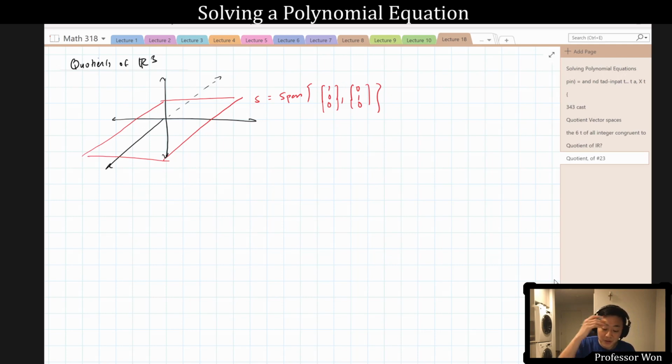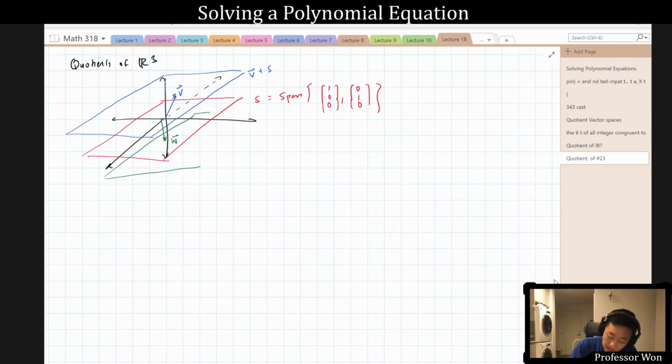Now, you can add any vector to every vector in S, right? So if you take this vector V, and I look at what happens if you add every vector in S, what you'll get is a flat sheet lying above that intersects V. This is V plus S. And again, if you take another vector W, maybe we can make this one go down this time, you'll get a parallel flat sheet lying underneath.